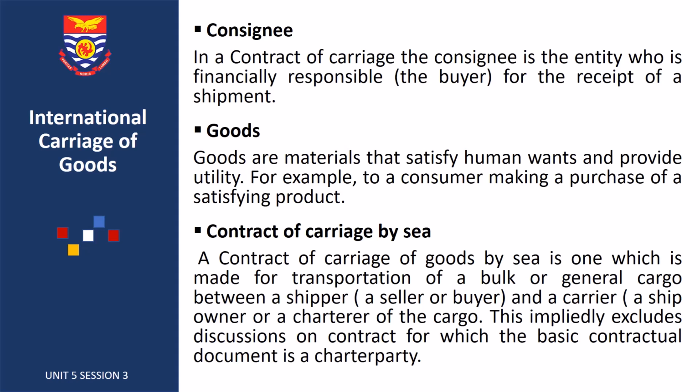So basically, that is the contract of carriage by sea. By sea means that the item you are carrying might be very huge or very big. So this impliedly excludes discussion on contracts for which the basic contractual document is a charter party.